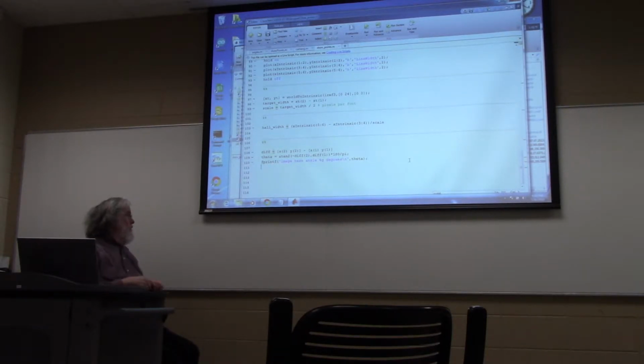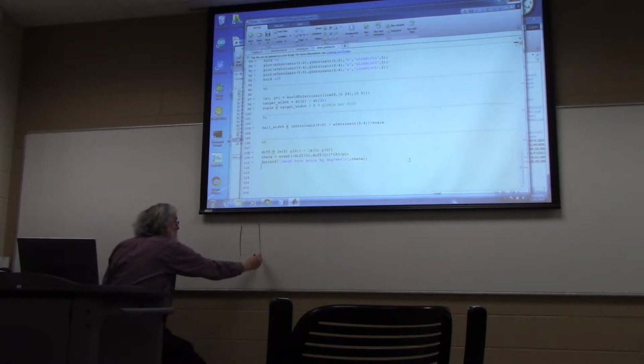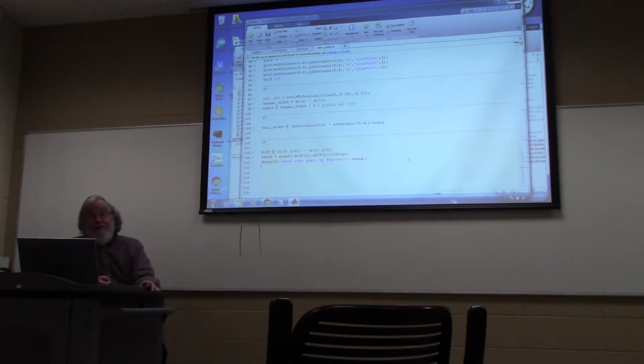Okay, now we can look at the hallway. Remember, I did the two lines along the hallway, and because the checkerboard seems to be pretty well aligned to that, they're coming out pretty vertical.